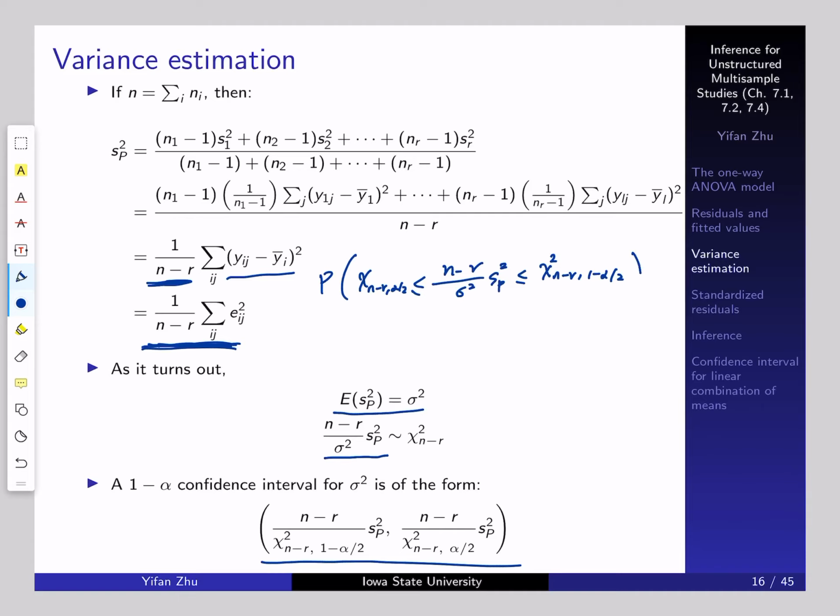So this probability is the probability that this chi-squared random variable is between the alpha over 2 quantile and the 1 minus alpha over 2 quantile.